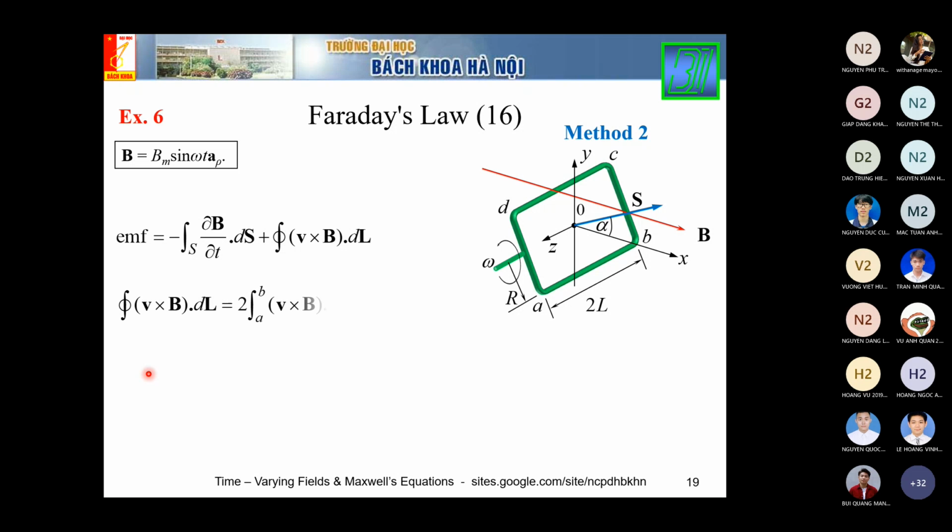The second integration is the line integral. And like I showed you in example number 5, we have to compute only the integration alongside the AB side, and we can double the result because the integrations alongside this side and this side are all 0.